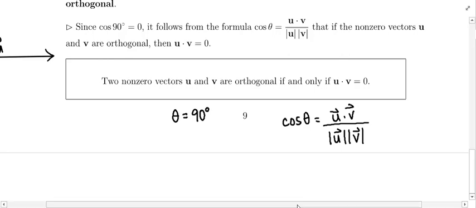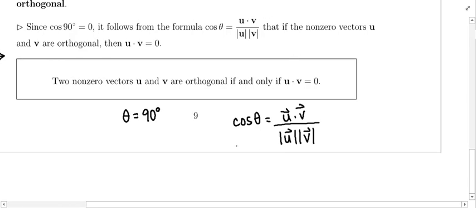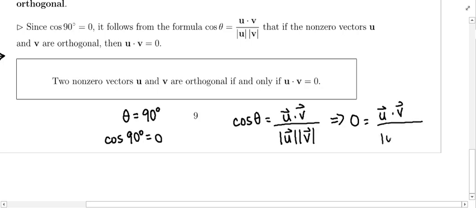The cosine of 90 degrees is going to be 0. So that would imply, the cosine of theta, the cosine of 90 degrees is 0. Using this formula, that would make the right hand side, u dot v over the magnitude of u times the magnitude of v, equal the cosine of 90 degrees, which is 0.